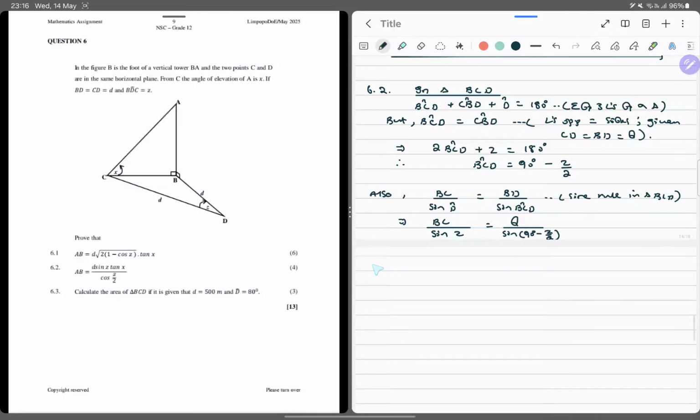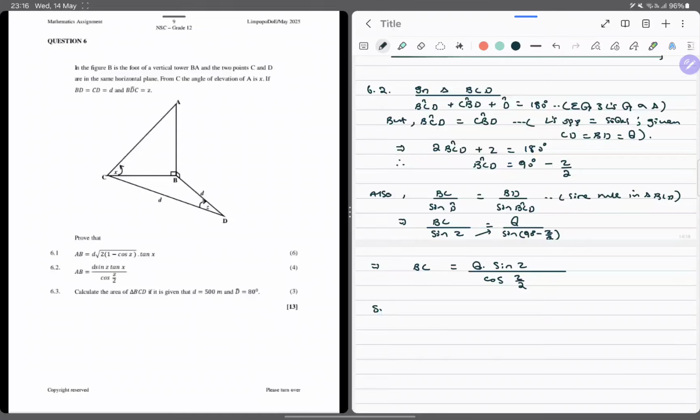Okay, so this implies, we cross multiply that there, it implies that BC is equal to D times sine Z, all divided by, remember this is now a cofunction, it turns out to be cos of Z over 2. Oh, great, because now we have all of that.